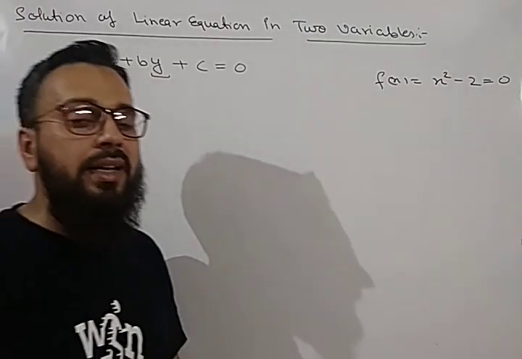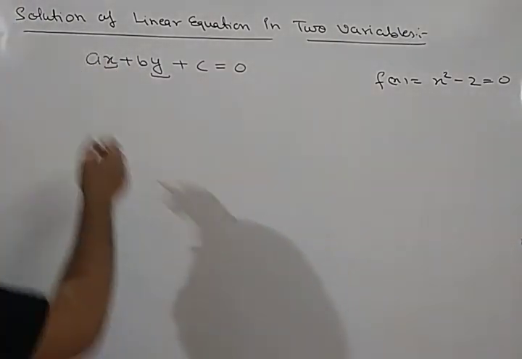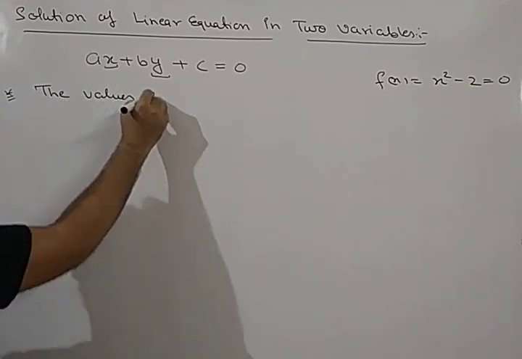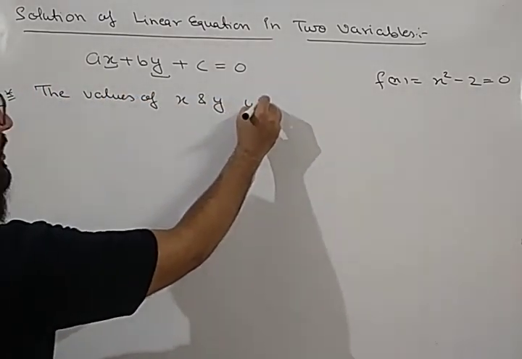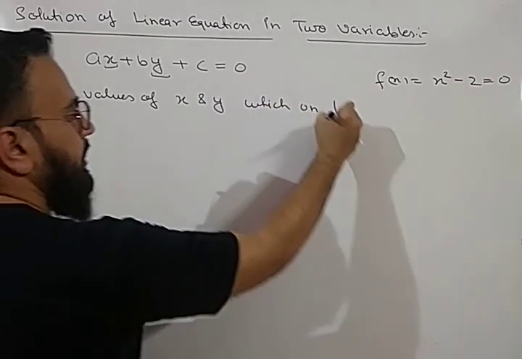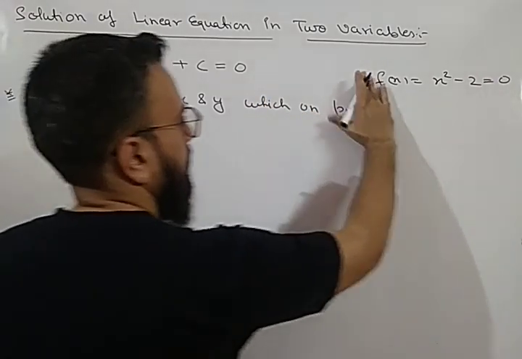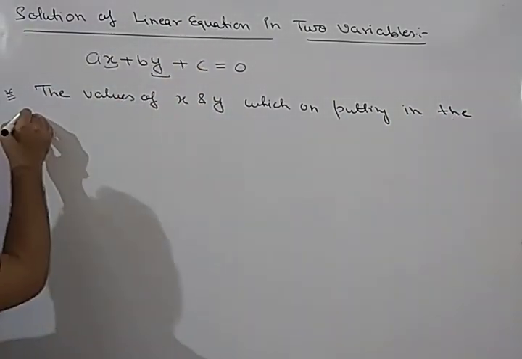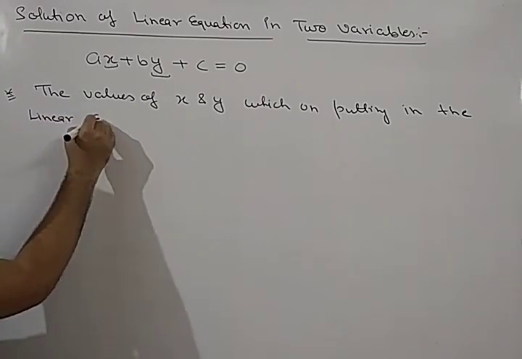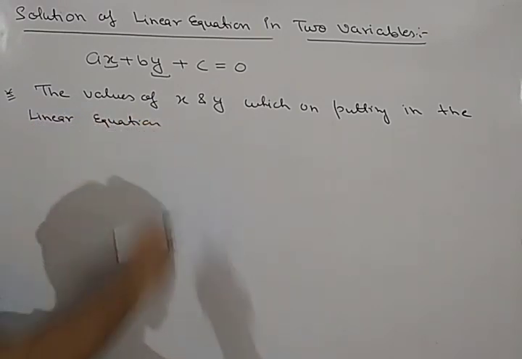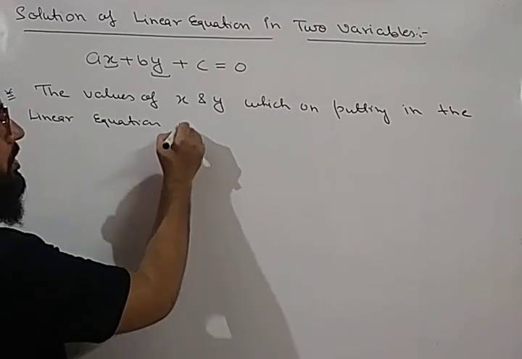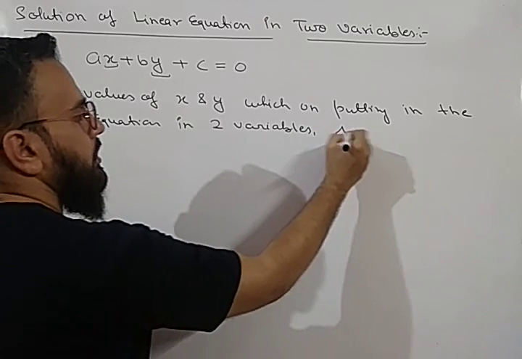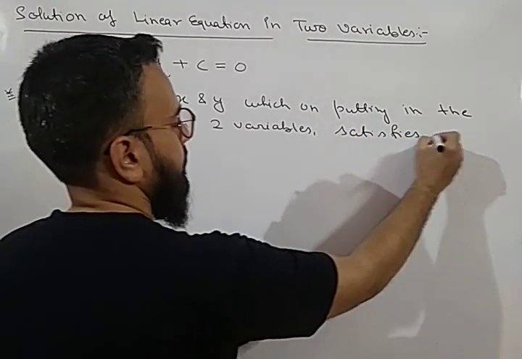Similarly, in the case of a linear equation in two variables, because there are two variables now, x and y, what is the meaning of solution? The values of x and y which on putting in the linear equation in two variables satisfy the equation.